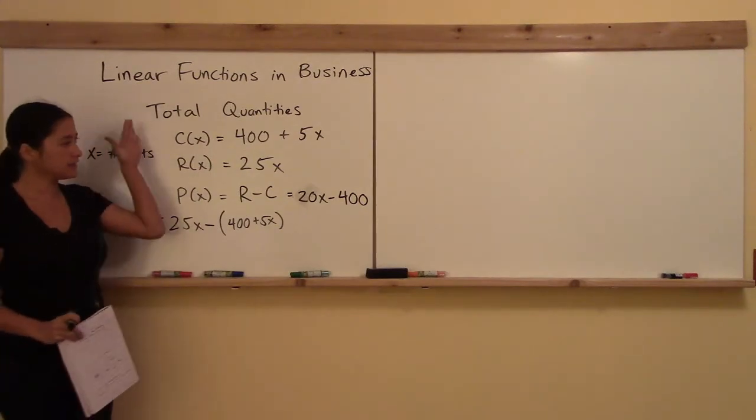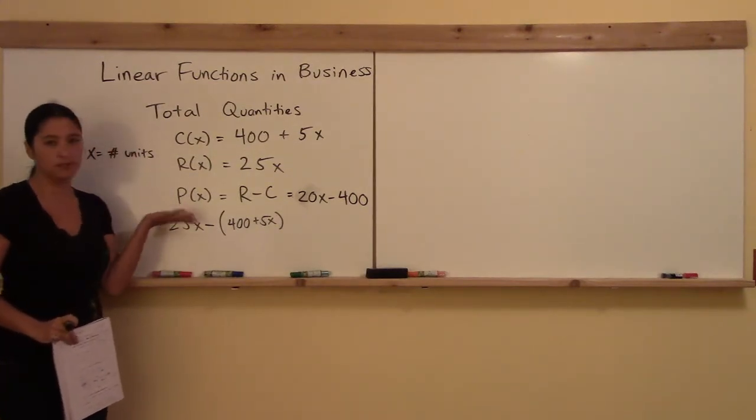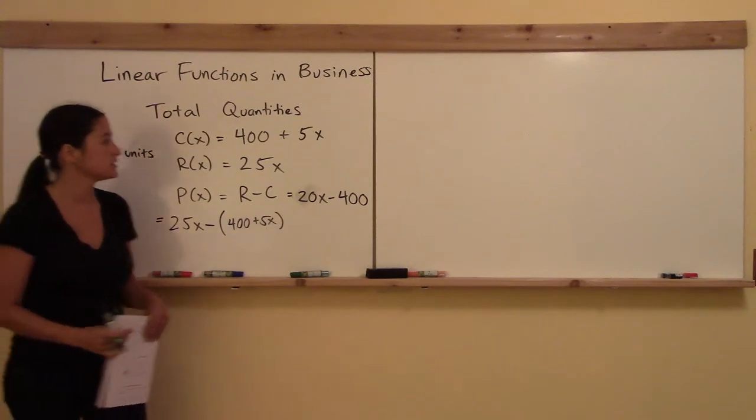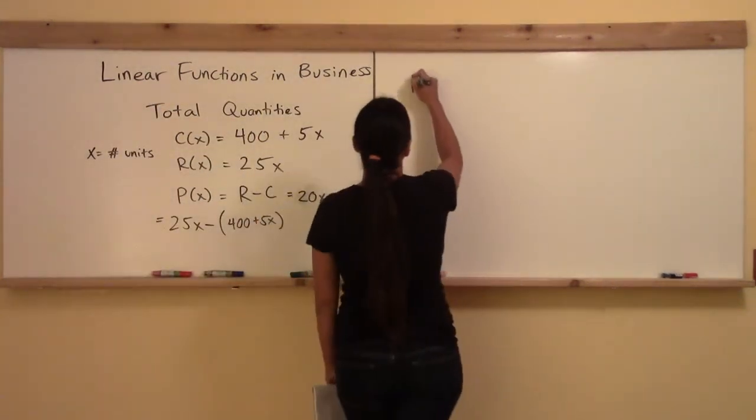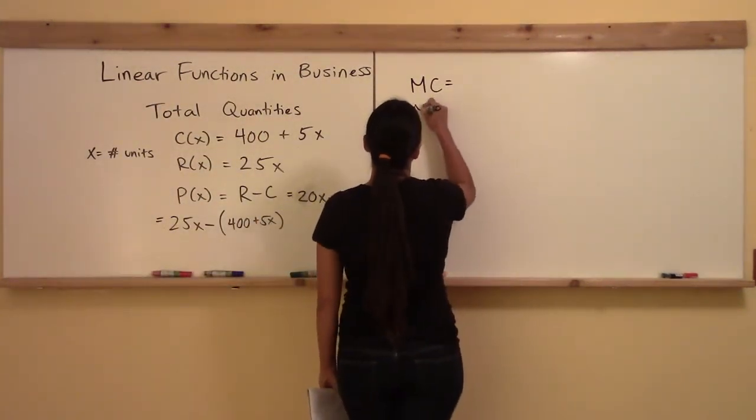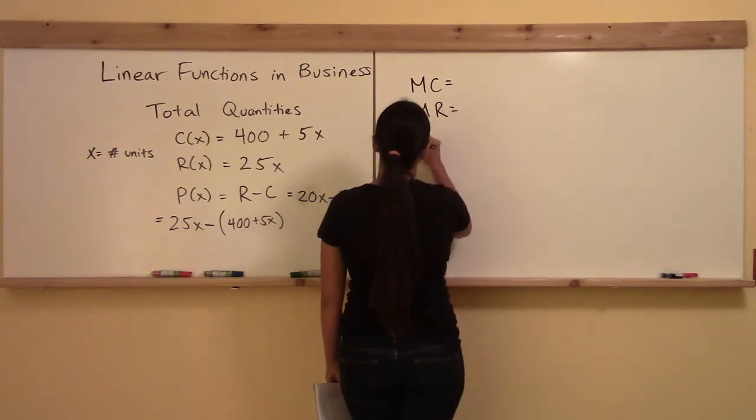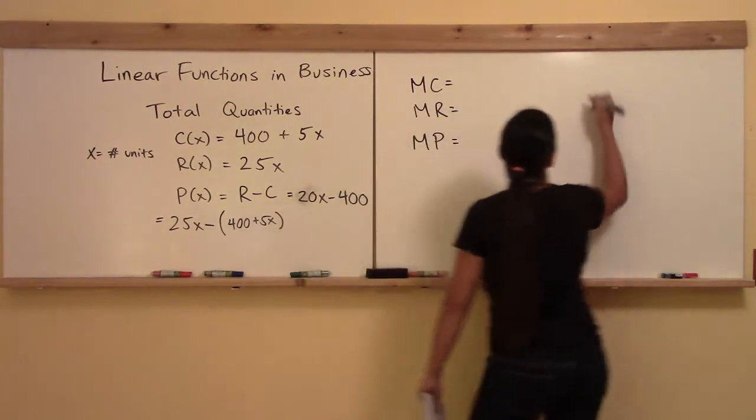Okay, so now you can see how these quantities might be represented linearly for a business example. And then we're going to go over to our marginal quantities, the marginal cost, marginal revenue, marginal profit.